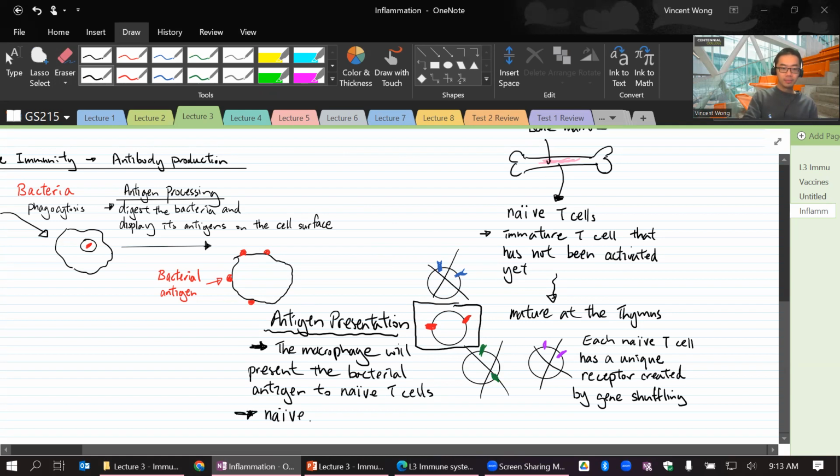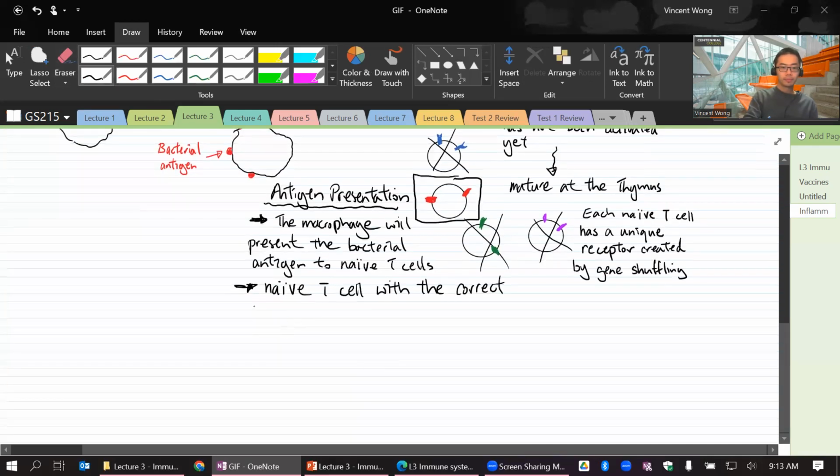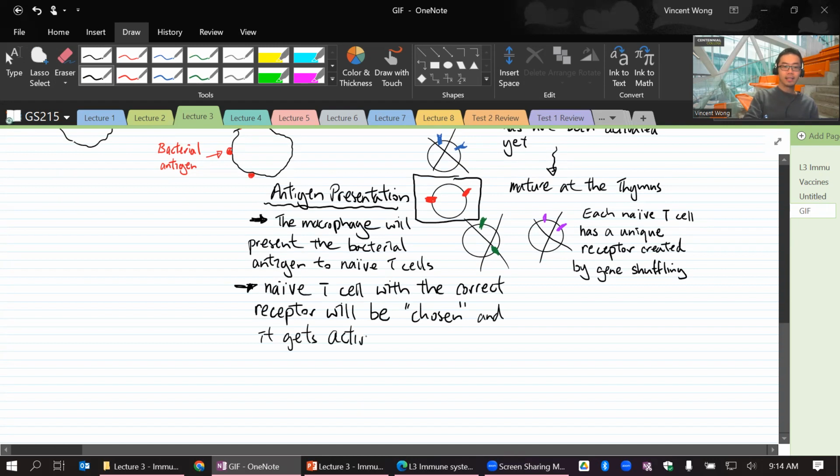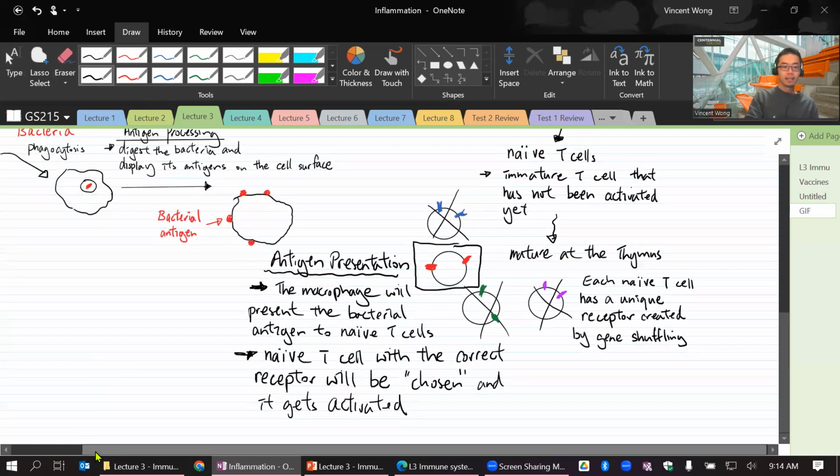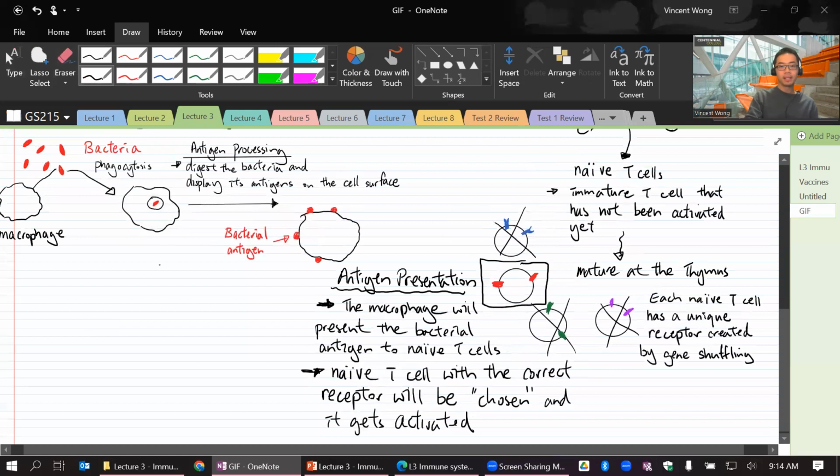Naive T cell with the correct receptor will be selected, will be chosen. And it gets activated. Okay? That's basically what's happening.